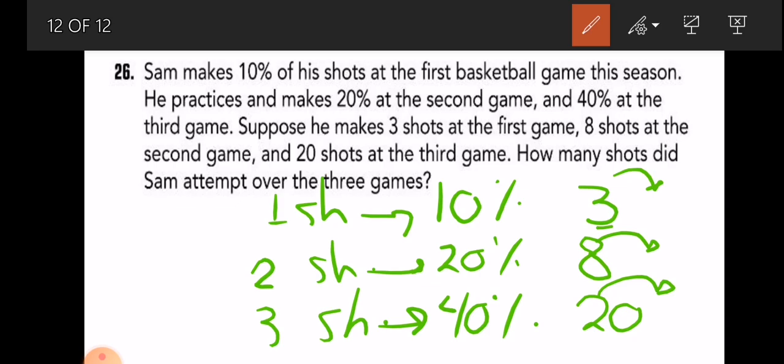Okay, on the first game he did what? 3 shots are in, meaning he got it 3 times. But how many did he try to throw the ball so he gets 3 from it? Yes, did you understand the question? And they told you that the 3 is 10% from the total. So can you get for me the total for the first game and the total of the second game, total of the third game? Then I will add them.